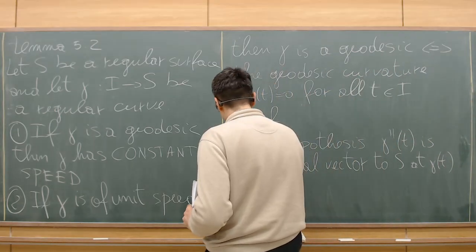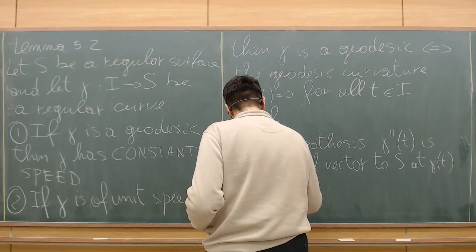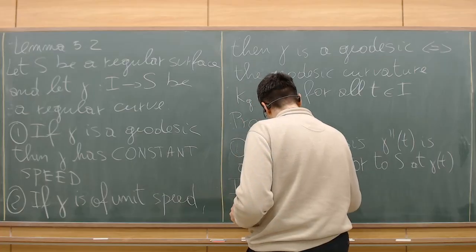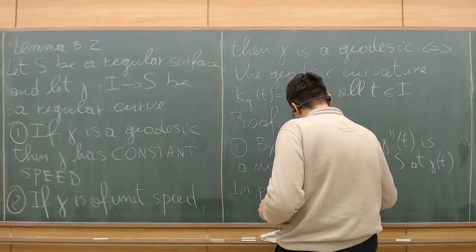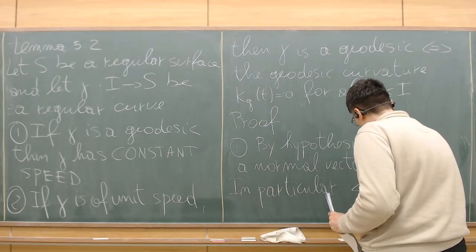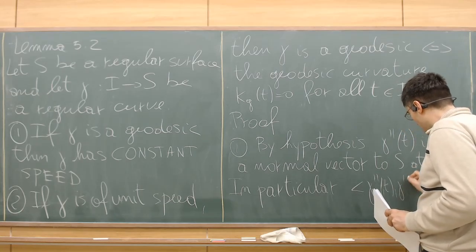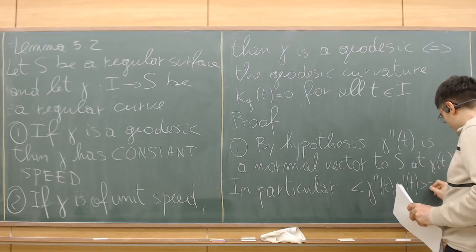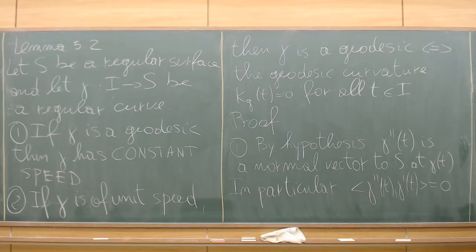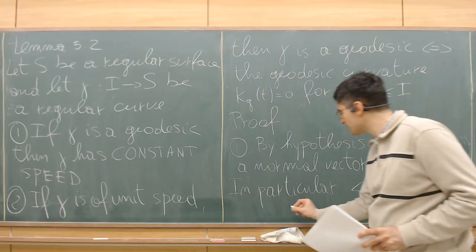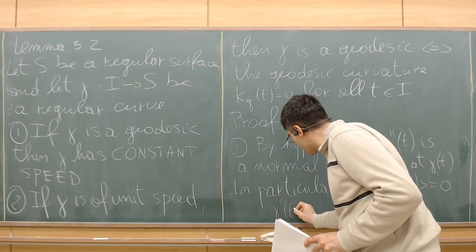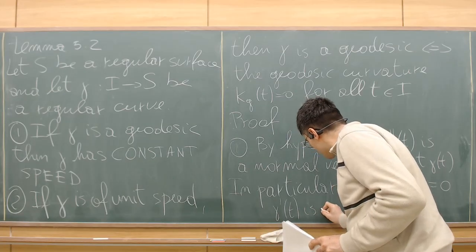In particular, the inner product of gamma second t and gamma prime t is identically 0, because gamma prime t is a tangent vector.